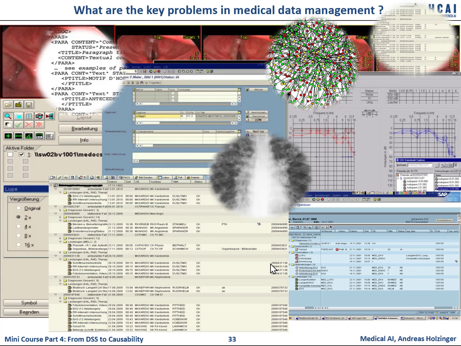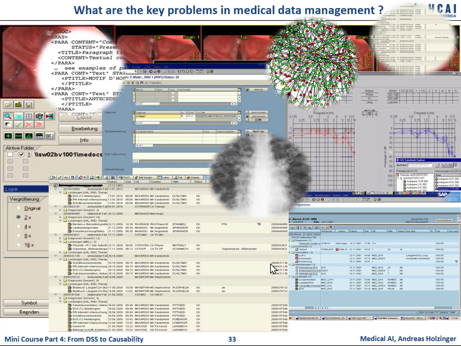Please remember, the key problems in dealing with this data include the heterogeneity of the data sources, which needs data fusion and data integration, and the complexity of the data. All this data is of very high dimensionality. We always have the problem of noisy, uncertain, dirty, missing, and wrong data.